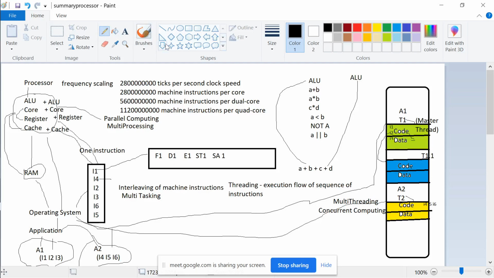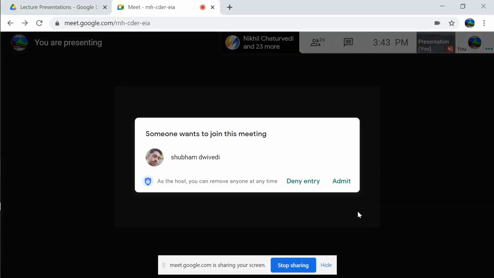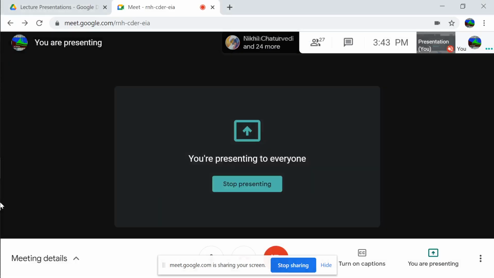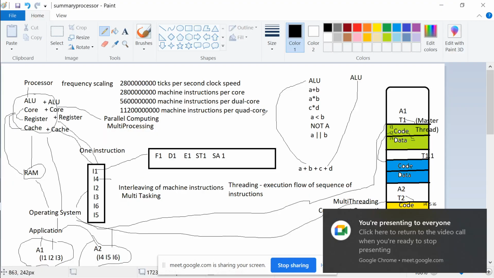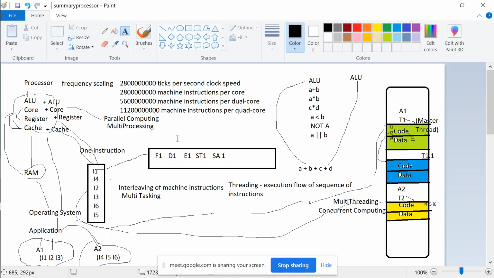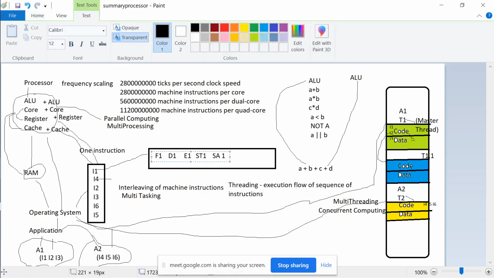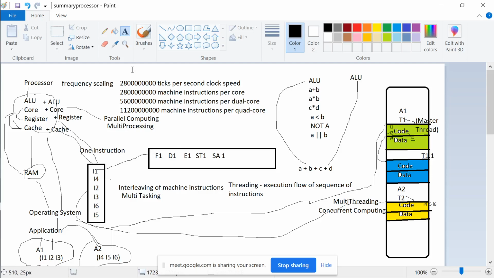So let's assume instruction 1 has finished the first 4 operations, and it is right now carrying on the SA1.